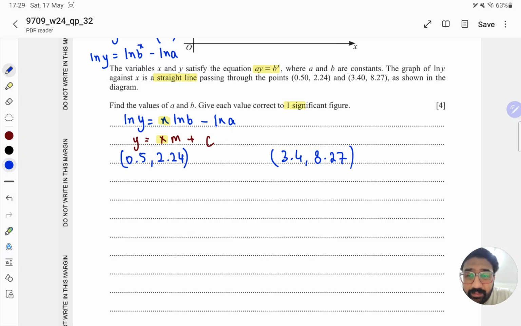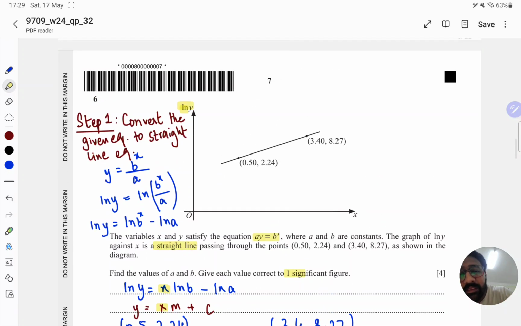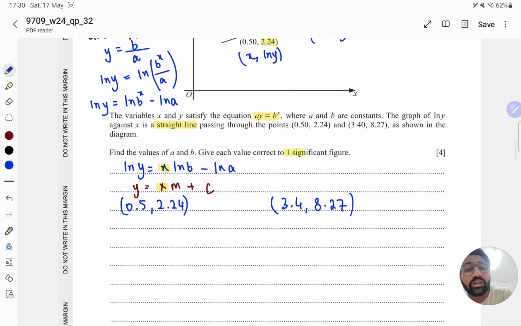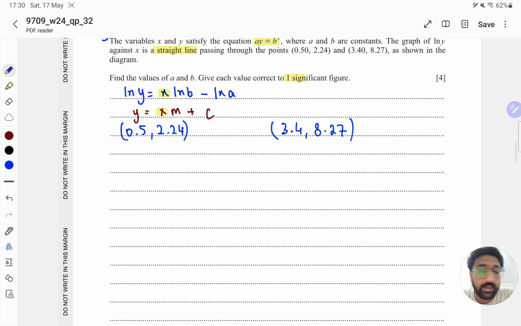Remember, the values in the graph are already given for ln y, and the other value is related to x. So no need to take ln again. So ln y is 2.24, which will be equal to 0.5 ln b minus ln a.